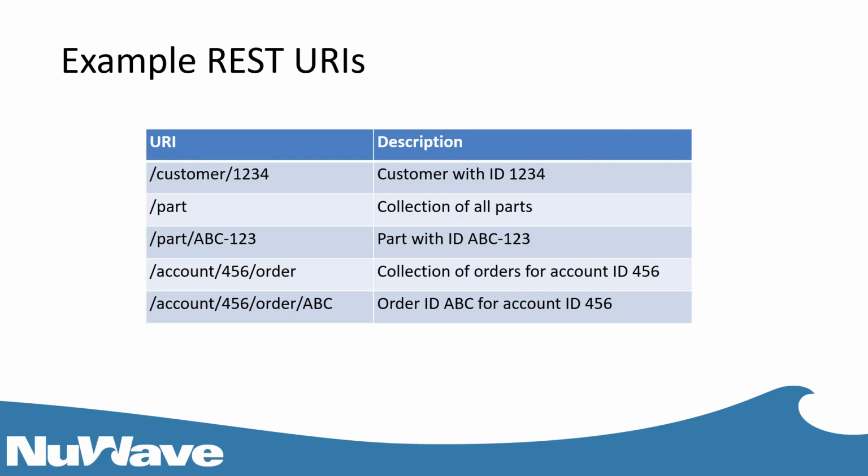So here you see some sample URIs, /customer/1234, maybe a URI that identifies customer ID 1234, and /account/456/order, maybe a collection of orders for the account ID 456, and so on. Again, dependent on the application.